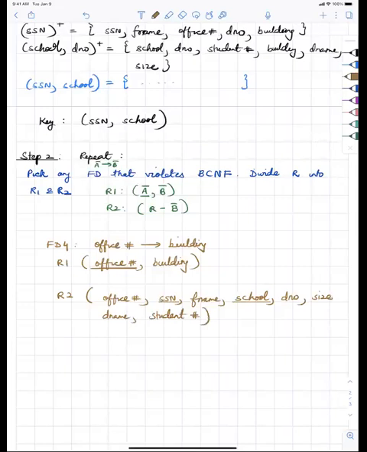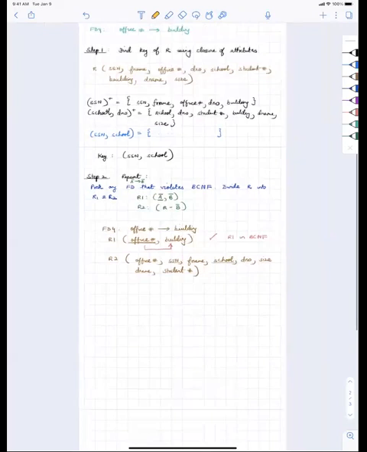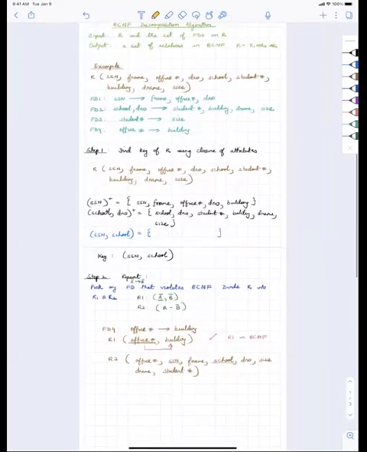So if you look at R1, R1 just has this one functional dependency, office determines building. So R1 is in Boyce Codd normal form. Then we look at R2, and R2 is obviously not in Boyce Codd normal form because there are functional dependencies in here. So we have student number determines size.